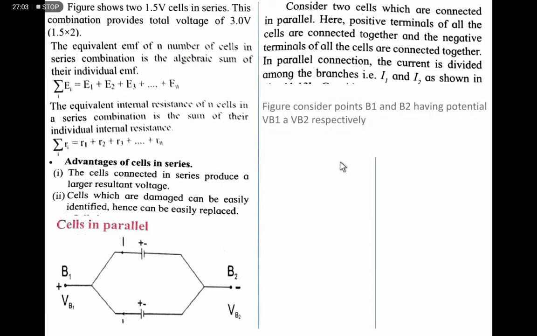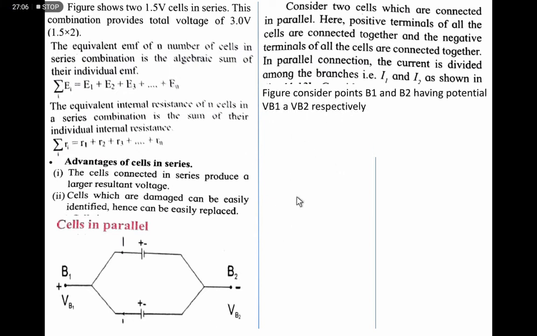So we'll write the equation here. Potential at point B1 and potential at point B2 will be VB1, VB2. Okay. For the first cell, the potential difference at the terminal is V equal to VB1 minus VB2. So VB1 minus VB2 is the EMF of this cell minus the internal resistance drop, that is I1 R1.